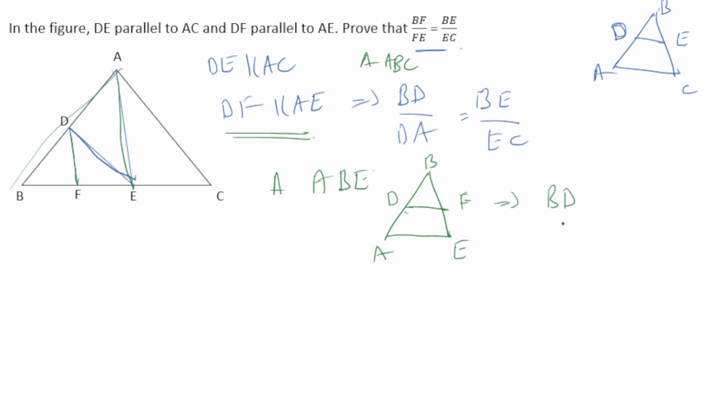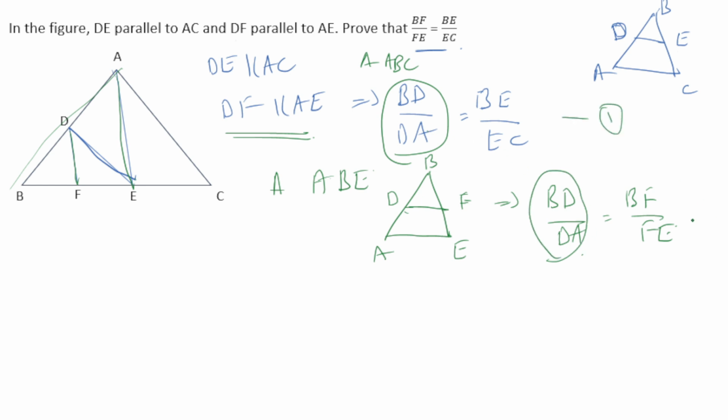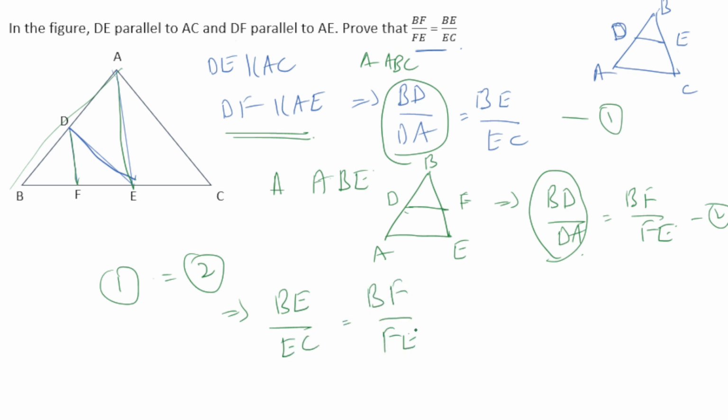So we will get BD divided by DA is equal to BF divided by FE. Here we have the ratio BD divided by DA the same in both, so we will equate the first and second equations. We will get 1 is equal to 2. Here BE divided by EC is equal to BF divided by FE.